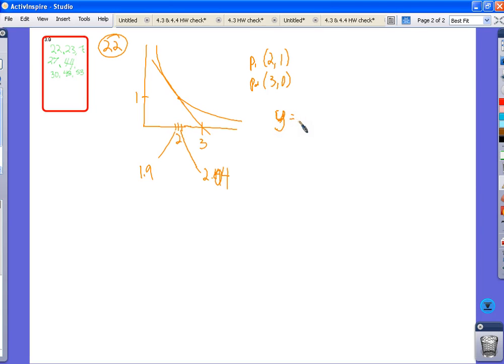So y equals apparently negative 1x, and then we need the y-intercept. It's 3? I need to hear a good argument at least that the y-intercept would be 3.